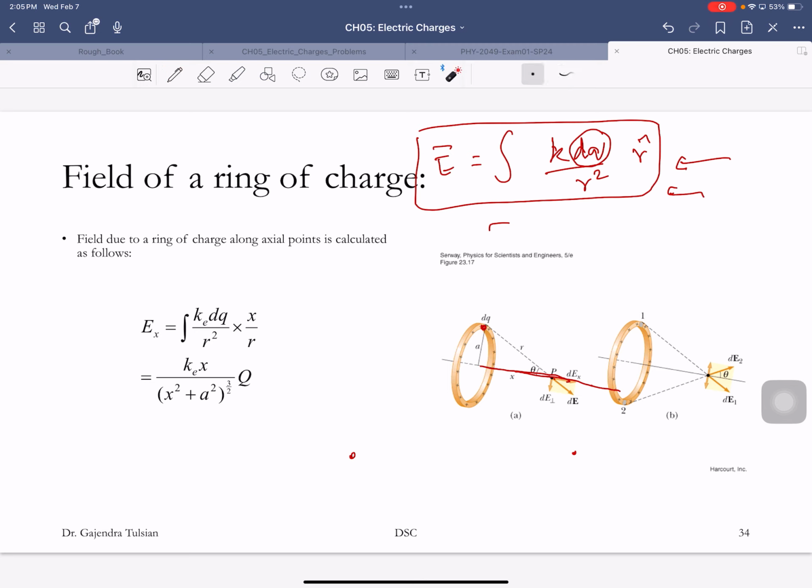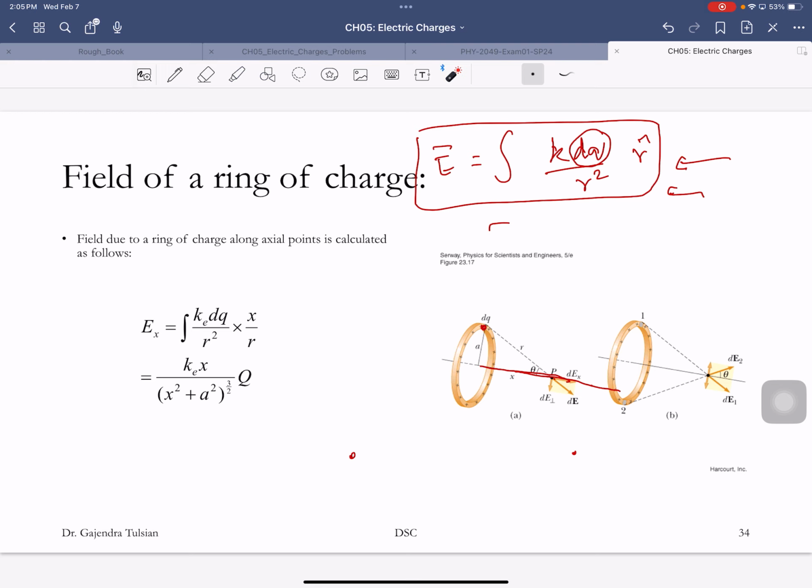And along axial points, there's the electric field. That is the total charge on the ring, a is the radius of the ring, and x is that distance. Again, you don't have to remember any of this stuff. What I want you to remember is that this integral is very hard to do in most cases. For this special case of these points, you can do that integral.